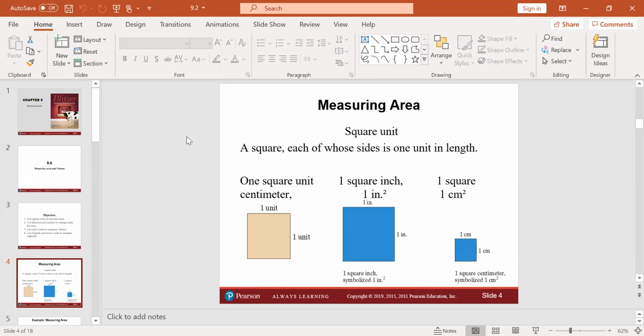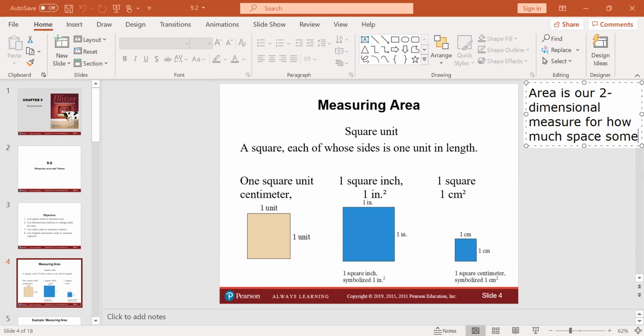So now, length was our one-dimensional measure, basically of how much space something takes up, or just how much of something exists in the physical world around you. Length is a one-dimensional measure. We're going to use area. Area is our two-dimensional measure for how much physical space something takes up in 2 dimensions.